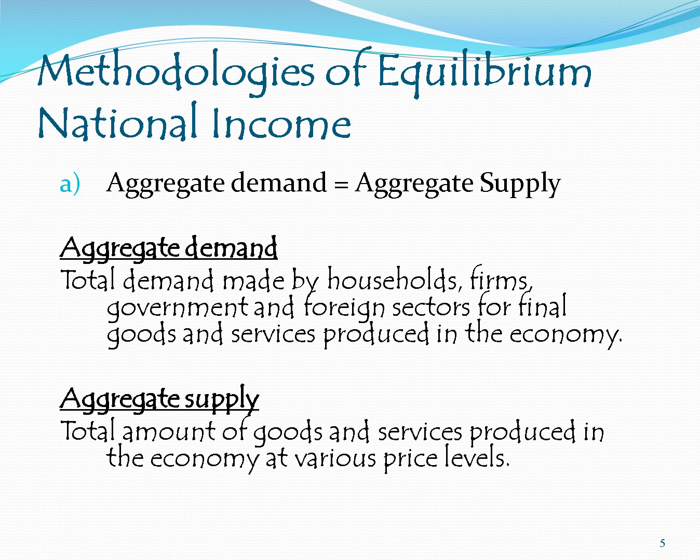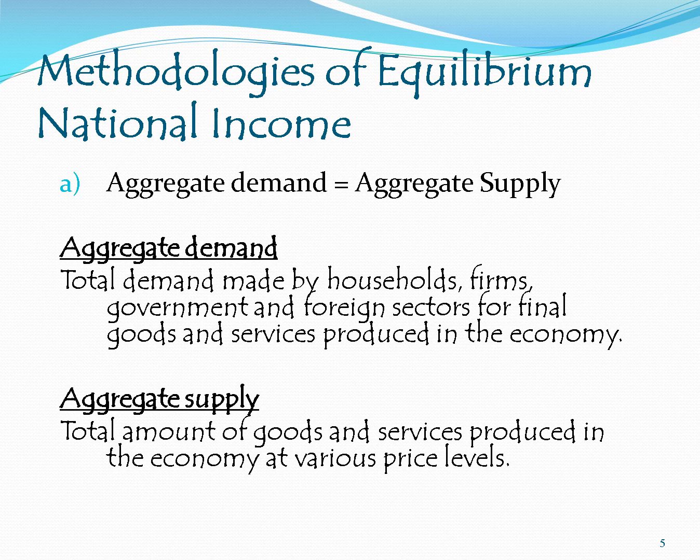Aggregate demand means total demand made by household, firm, government, and foreign sector for final goods and services produced in the economy. Aggregate means total. So total demand is made by households, by firms, by government, and by the foreign sector, if this is a four sector economy.